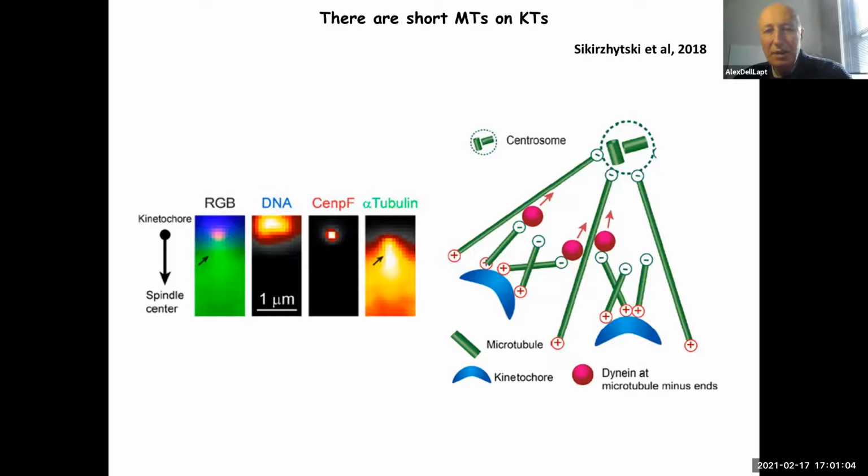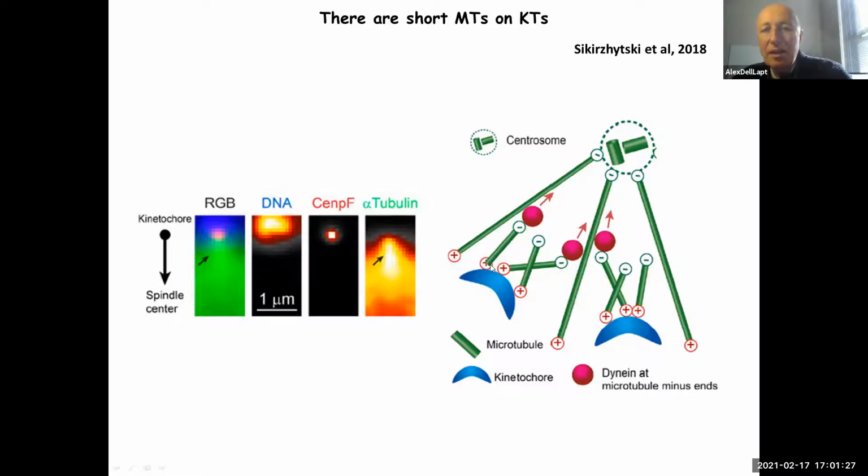Now, when building this model, we took into account the following discovery from a few years ago, that kinetochores are not naked in their interactions with centrosomal microtubules. This is the discovery in this paper published in Journal of Cell Biology 3 years ago.